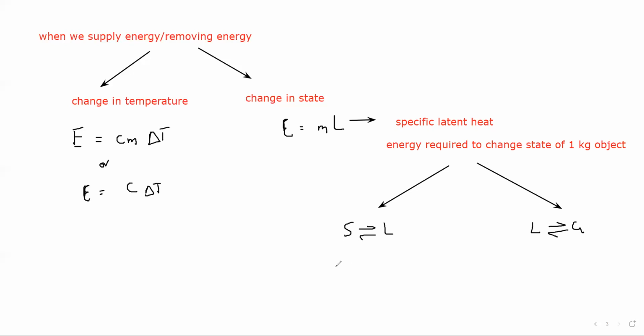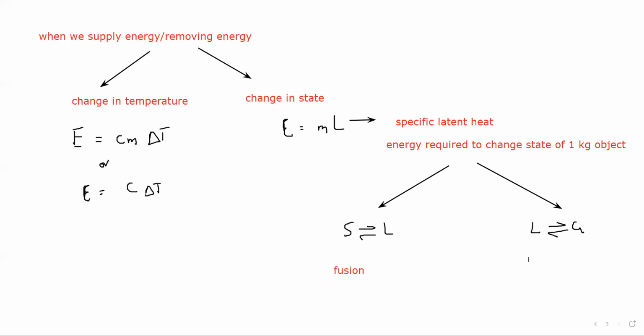When solid is converting into liquid, we call that specific latent heat of fusion. That change is called melting, but the energy which we require to convert 1 kilogram of solid into liquid we call specific latent heat of fusion.